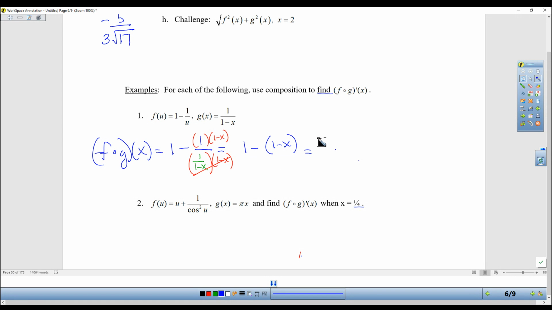This simplifies to 1 minus 1 plus x, which is x. This is fantastic. What is f of g of x? What's its derivative? 1. Easiest calculus you're going to do all day, but really hard algebra.